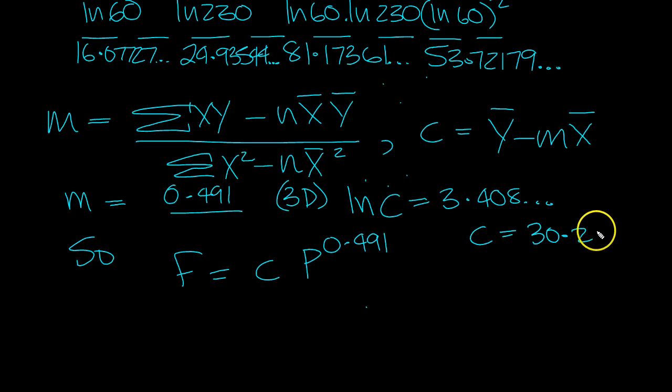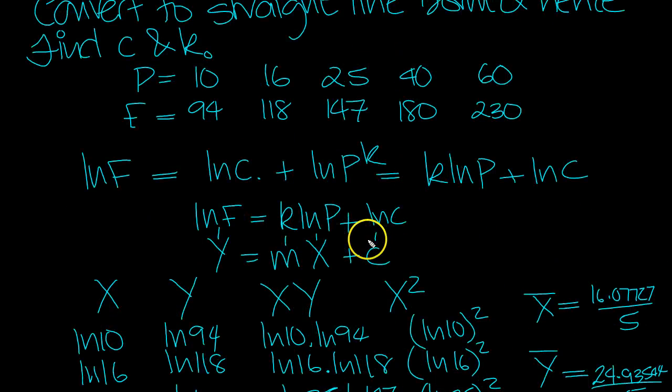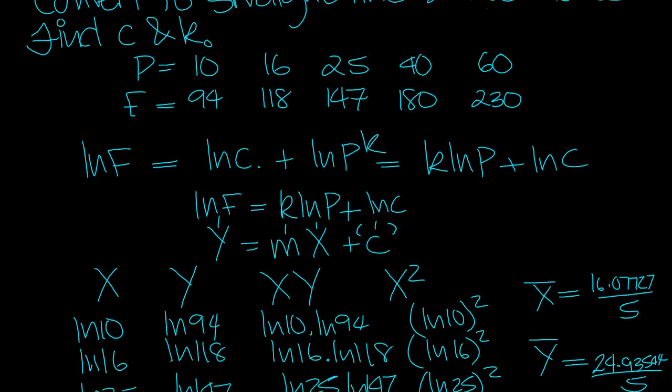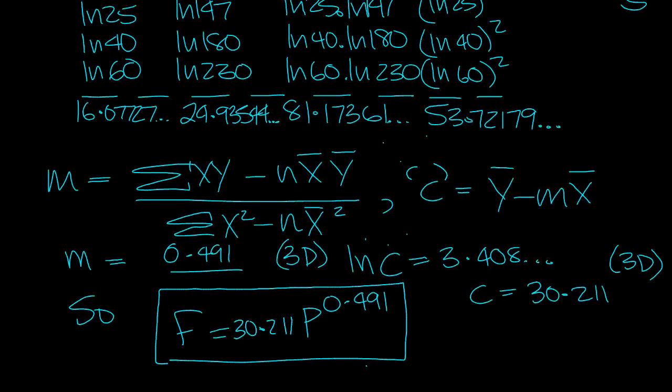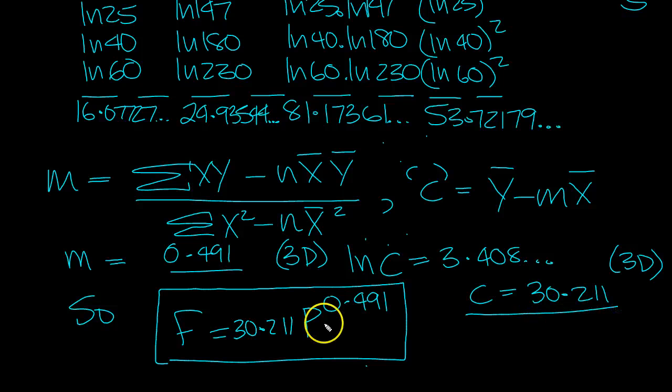That's to 3 decimal places. That's better. I thought there was something not right. So the C in this question is 30.211. I'll put a quote around it so there's no confusion. And then we get log C, and then we unwrap the log, log base e, because we used log base e's, didn't we? So we unwrap the log with log base e, and we get the answer.